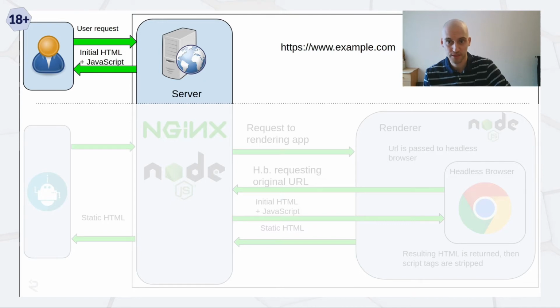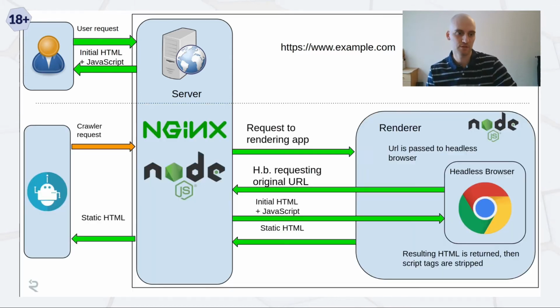Let's understand the architecture. From a user perspective, it's quite simple. You, the user, load this website in your browser, you request it, and you get the initial HTML and JavaScript back. That's it. If you are the crawler, or if you pretend to be a crawler or a bot, here's what happens.